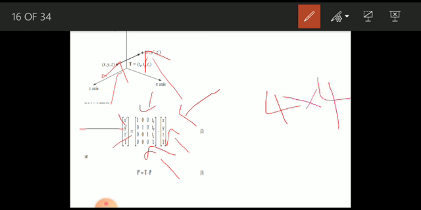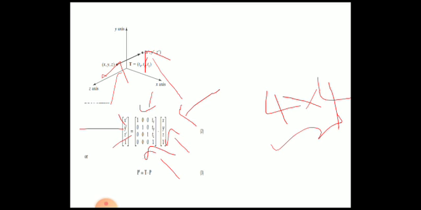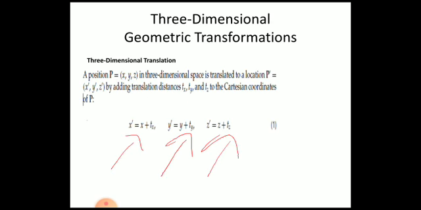When you make the required calculation, you arrive at the previous equations: x dash is equal to x plus tx, y dash is equal to y plus ty, and z dash is equal to z plus tz.